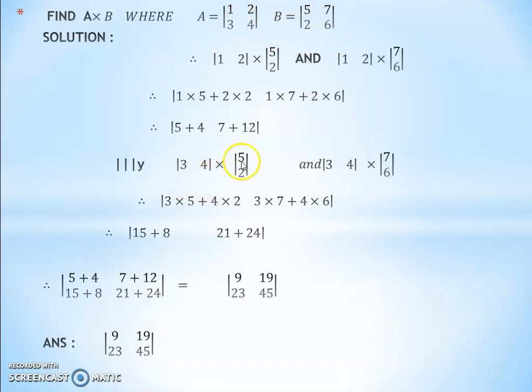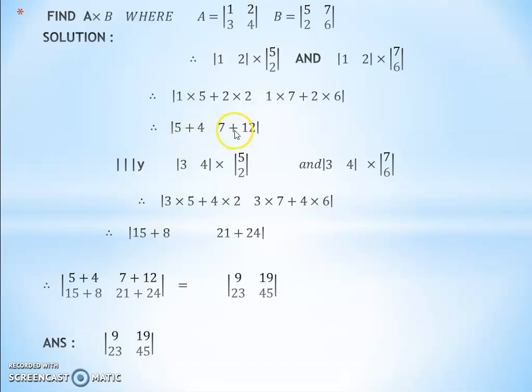So 3, 4 with first column 5, 2, and 3, 4 with column number 2, 7, 6. So 3 into 5 is 15, 4 into 2 is 8. Next, 3 into 7 is 21, 4 into 6 is 24.